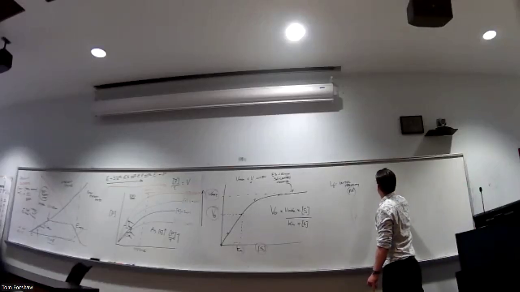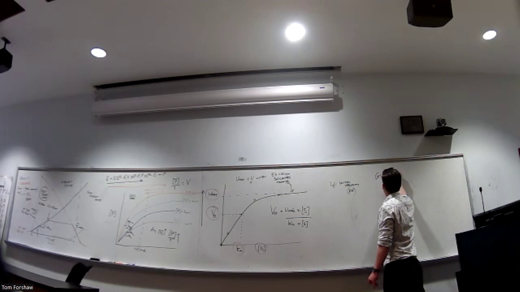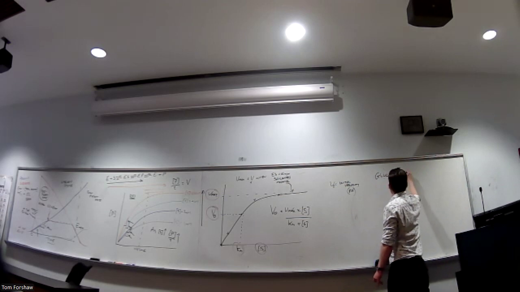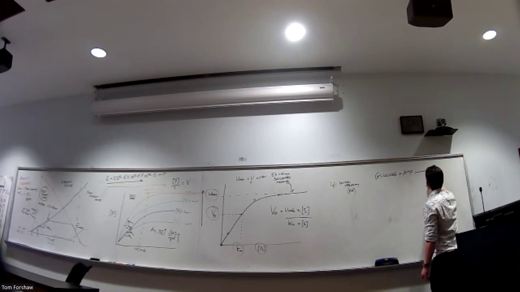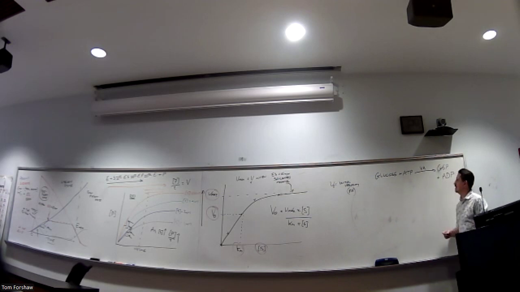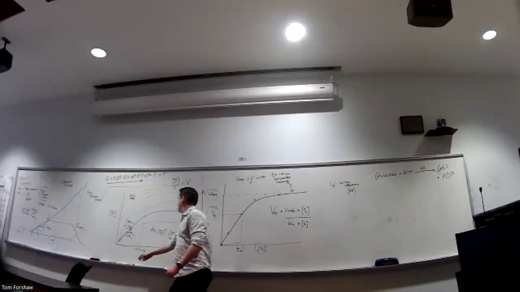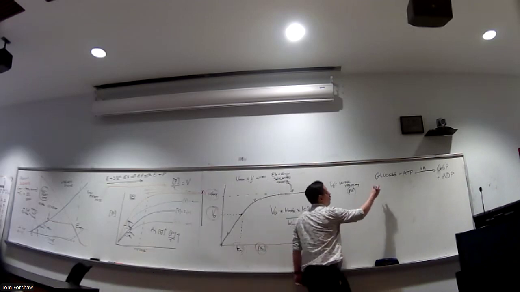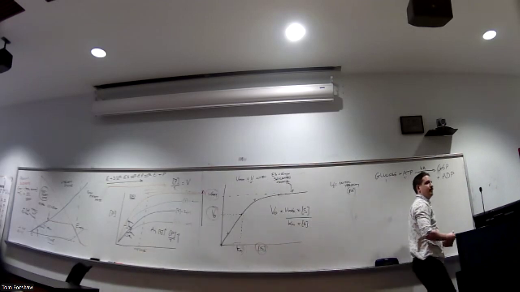Hexokinase takes glucose plus ATP, and it generates glucose 6-phosphate plus ADP, with a phosphate being transferred across to the glucose. Thus, hexokinase has two substrates, substrate 1 and substrate 2.